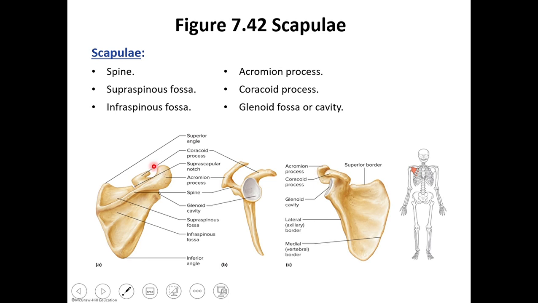So if you can find the spine of the scapula, the part that sticks out that you can actually palpate, then the cavity that you feel right above that is the supraspinous fossa, and there's a muscle that sits right in here. And when you go below it, that's the infraspinous fossa, and there's a muscle that sits in there.